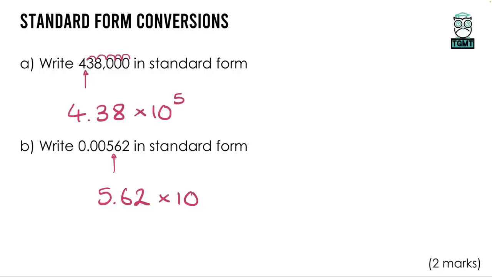So the only thing that changes is the power is going to be negative. So I can put the negative in the power, and then I just need to count 1, 2, 3 jumps there for that place value, and that would be minus 3. So there we go, with a 0 point number, our power is just going to be negative.